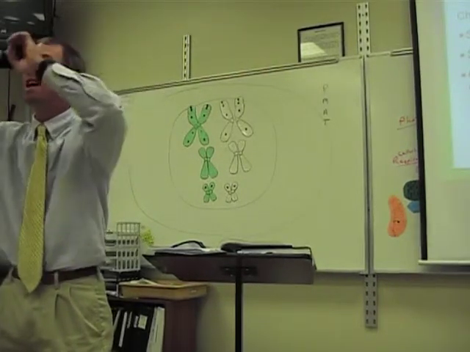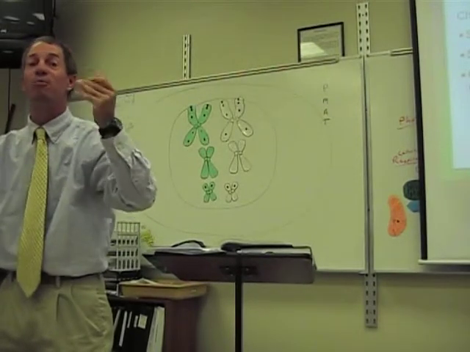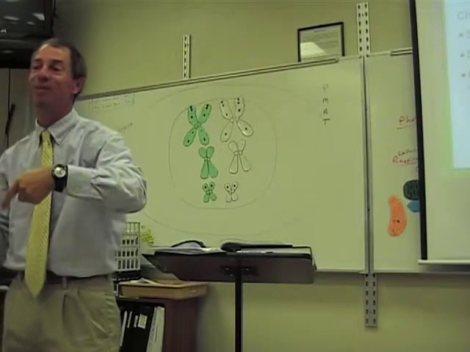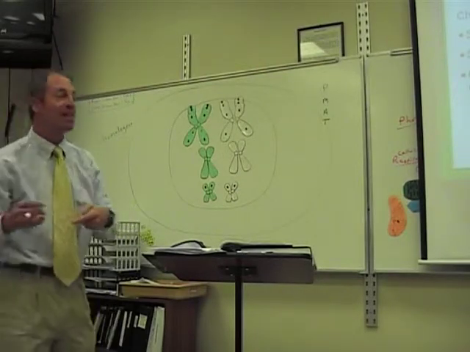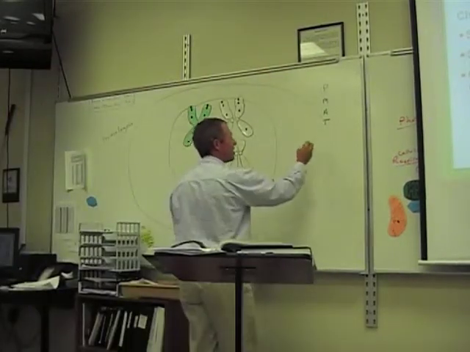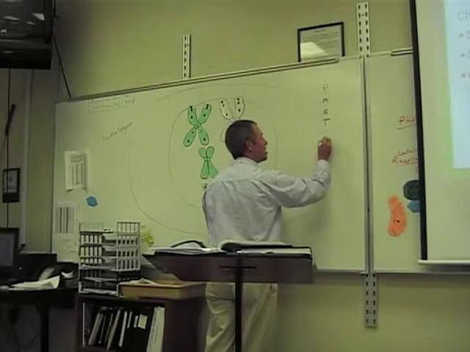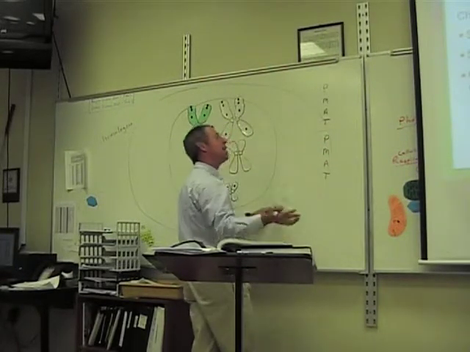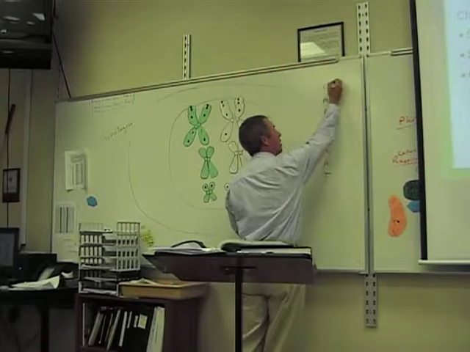If we go through the stages twice, we're going to end up with 4 cells that have 23 chromosomes each. We call them meiosis 1 and meiosis 2.